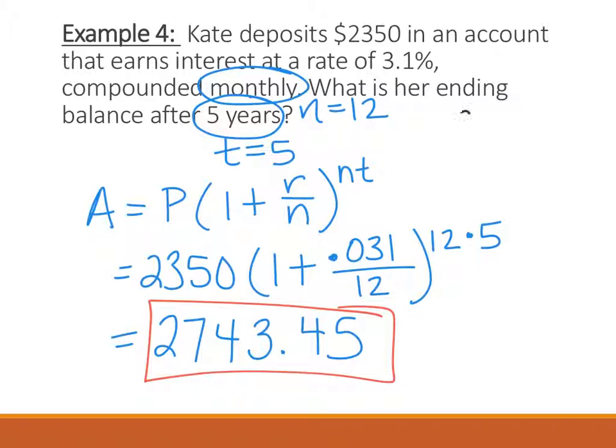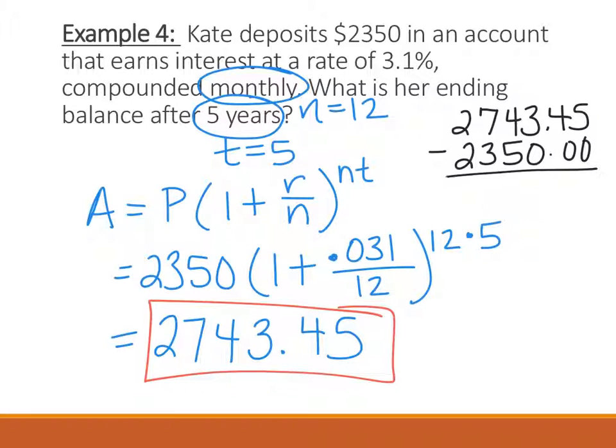Take the amount of money at the ending balance, that is after 5 years, $2,743.45, and subtract the beginning balance, the amount that I started with. The difference in these two will give me the amount of interest that I've earned. And so this account earned $393.45 interest over the course of the 5 years.